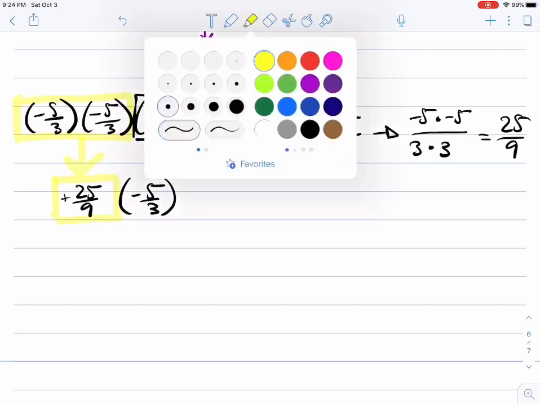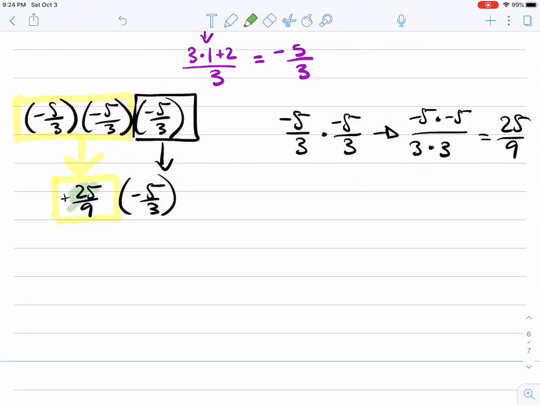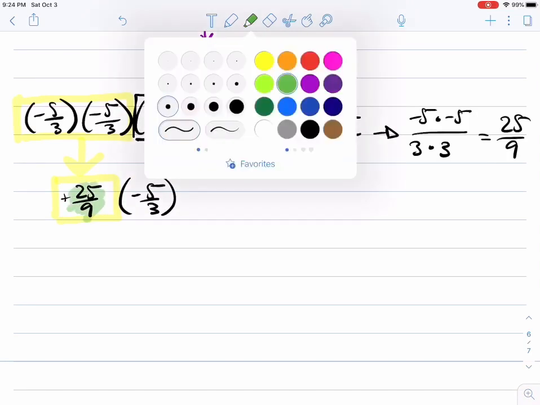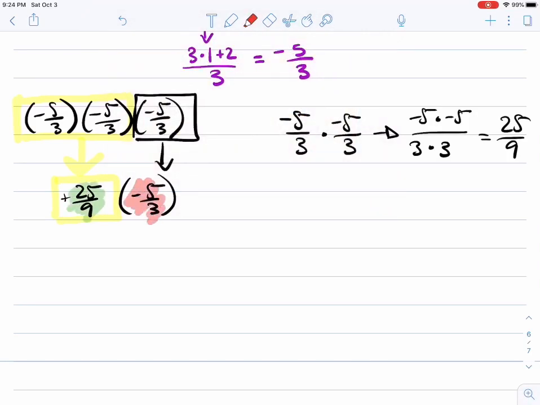For this problem, I have a positive number multiplied by a negative number, and that's multiplication with different signs. So my answer that I get at the end, I'm going to draw an answer box here. My answer is going to be negative because I'm multiplying 2 numbers with different signs.